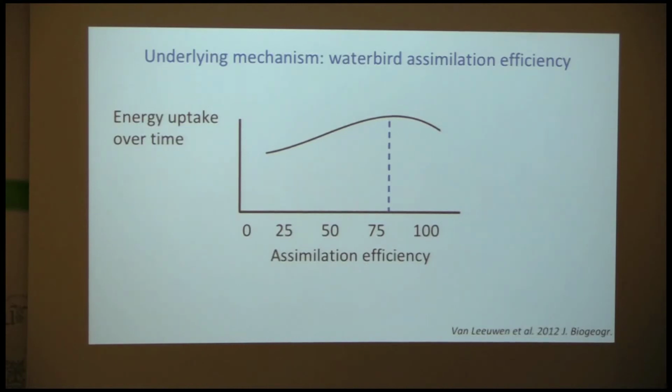Instead of working 2 days to process a certain amount, you can in a few hours process 80% of that amount, and your energy uptake over time is actually maximized if you don't go to this 100% assimilation efficiency. In my view, this explains a large part of why all these aquatic invertebrates and plants can still survive, because it's also not in the interest of a bird to digest all these things they eat.